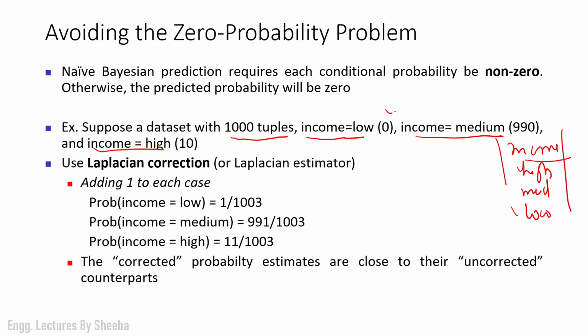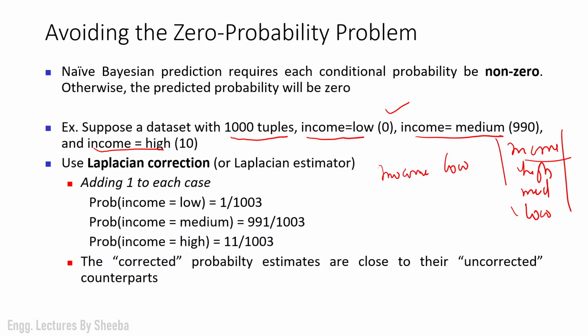The number of tuples with income high, medium, low: in low, there are 0 tuples, so the probability of income low becomes 0. So what you have to do is we will be adding one row, and we will make income equal to low in that particular case. So we are adding an additional row with income low.